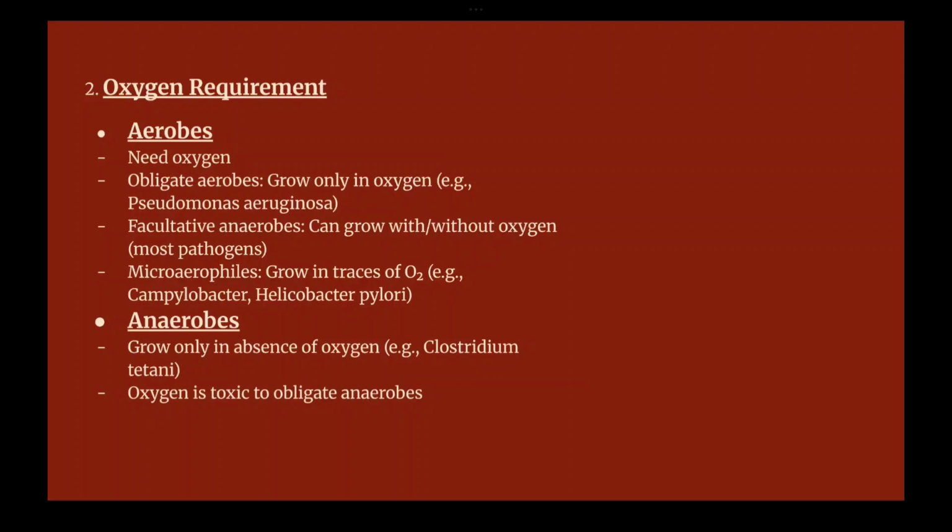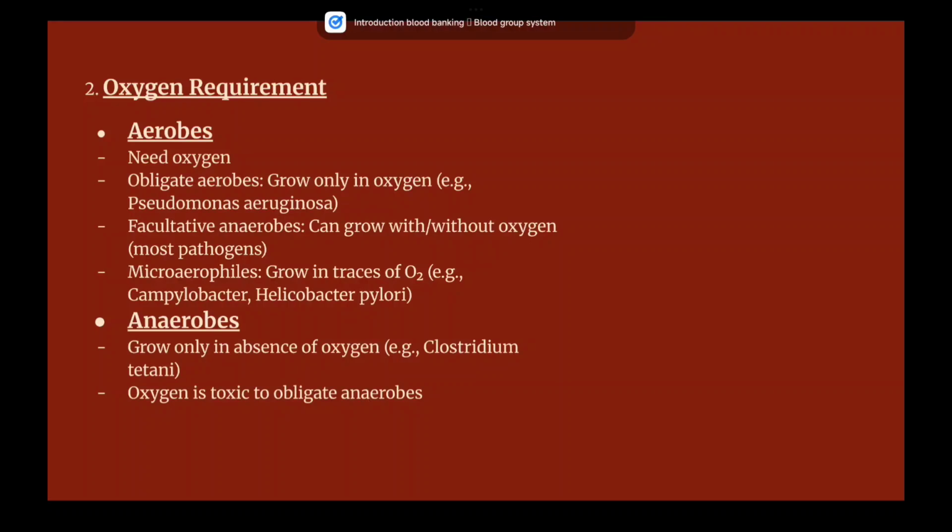Now, the oxygen requirement can also be a boon or bane for bacterial growth. In case of aerobes, they constantly require oxygen. Aerobes can be obligate, facultative or microaerophiles. Obligate aerobes can grow only in the presence of oxygen, and if there is no oxygen, they eventually die. An example of obligate aerobes is Pseudomonas aeruginosa. Facultative anaerobes can grow with or without oxygen.